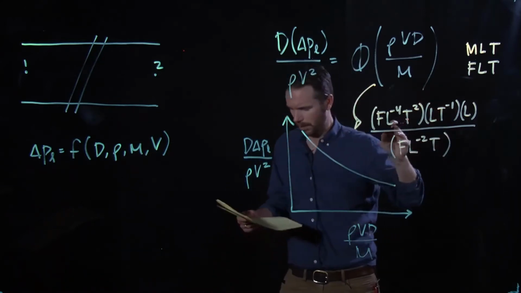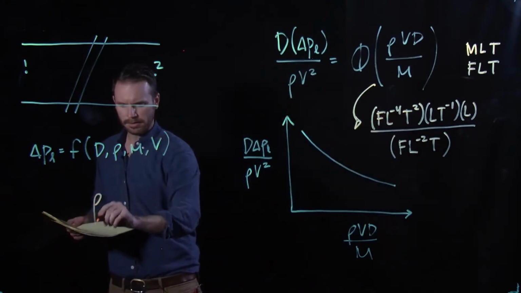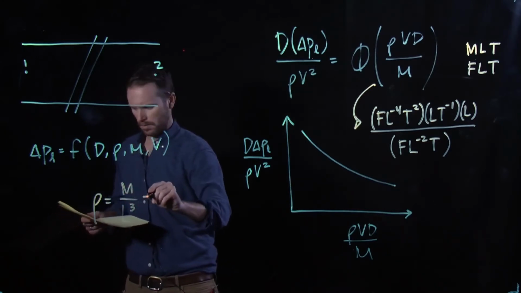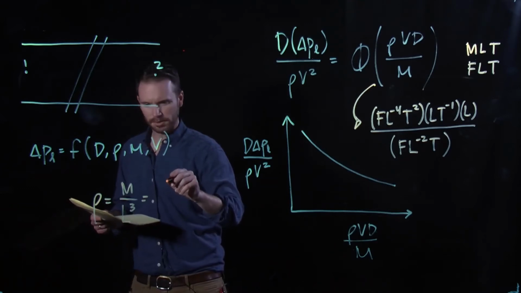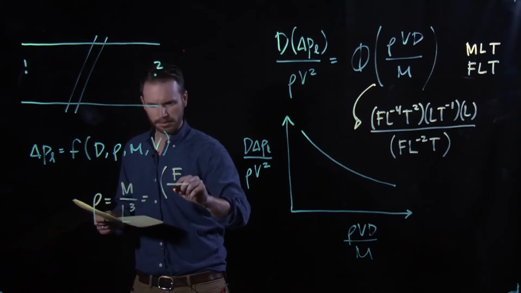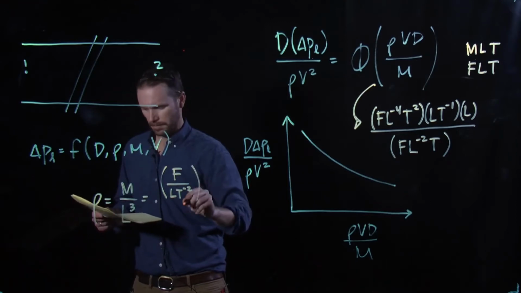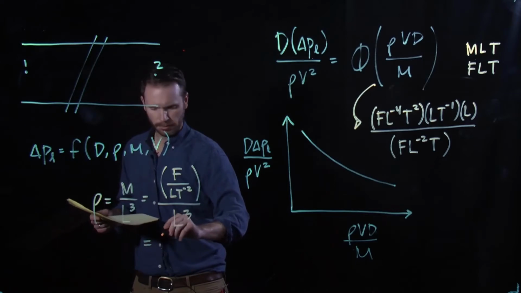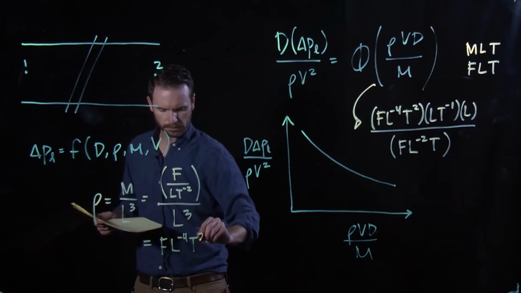Now, some of the more complicated ones, like density. Density is mass per volume. Well, mass is force divided by acceleration, where acceleration is L T to the minus 2, over L to the third. That would make this equal to F L minus 4 t squared, right?